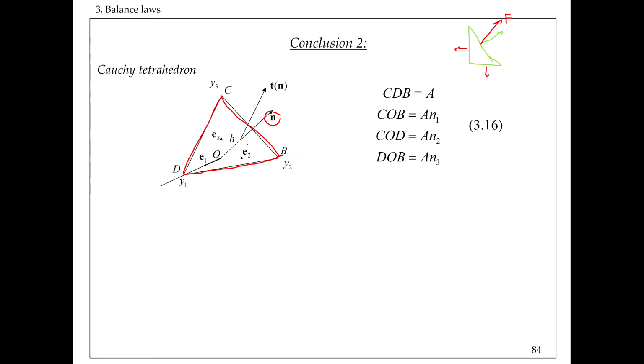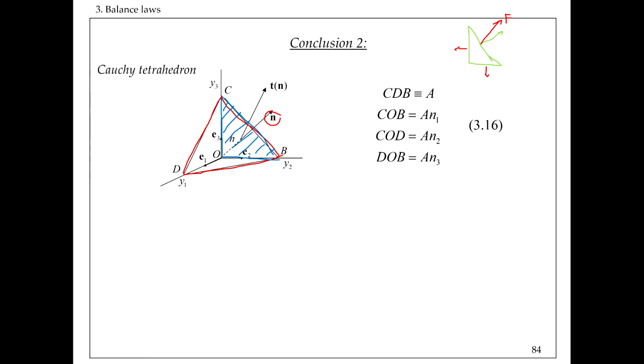So for example, COB will be calculated from the area A. Let me just denote this COB here, right? So the projection is this blue area here, right?